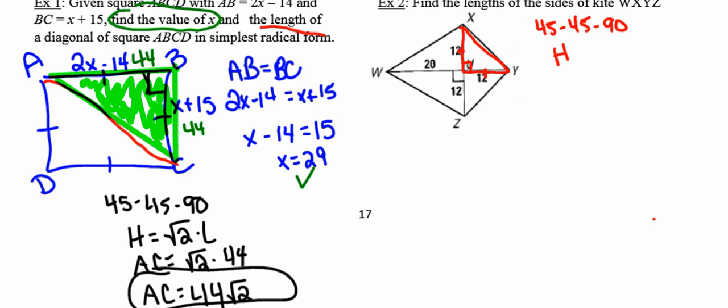And again, if I had wanted to, I could use the Pythagorean Theorem in order to find that relationship. So again, with that 45-45-90 relationship, we know the length of the hypotenuse is always equal to the square root of 2 times the length of either leg.